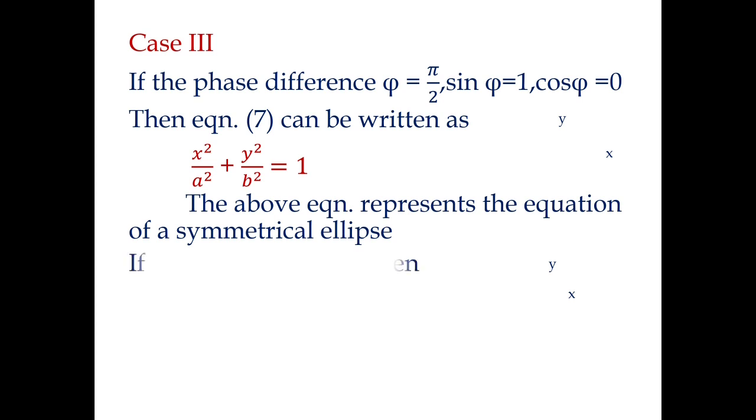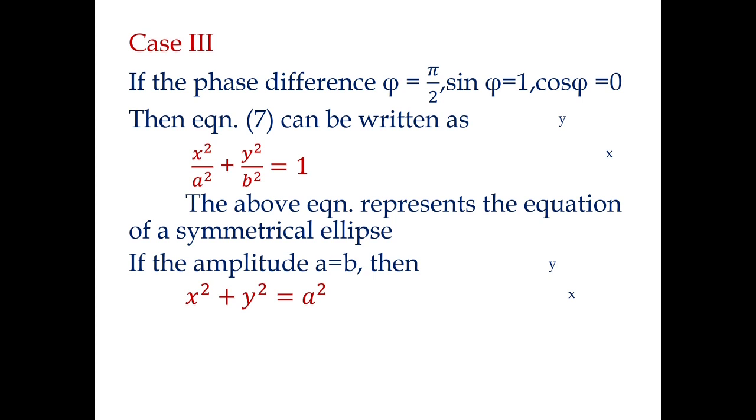If the phase difference between the two waves is pi by 2, then sin phi will be equal to 1 and cos phi is 0. So equation 7 reduces to x square by a square plus y square by b square is equal to 1. This is nothing but the equation of a symmetrical ellipse.